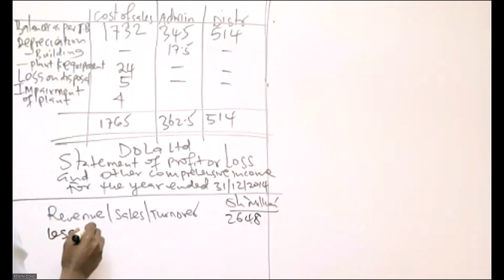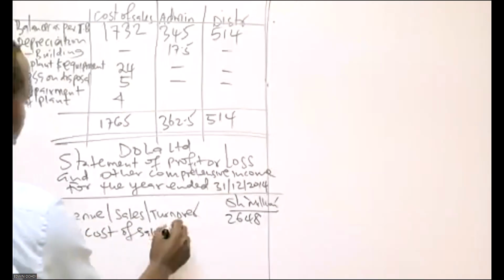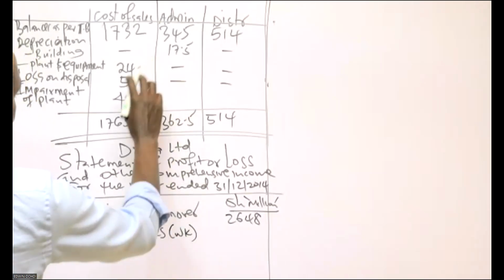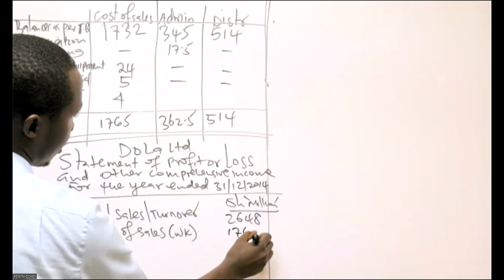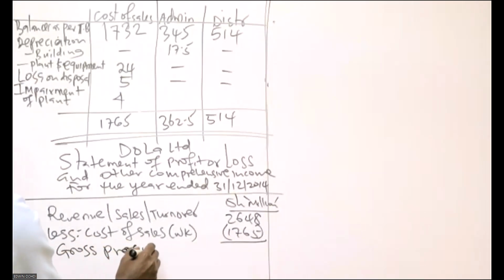So that's cost of sales. The working we did, this one, 1765. You get your gross profit, add incomes.